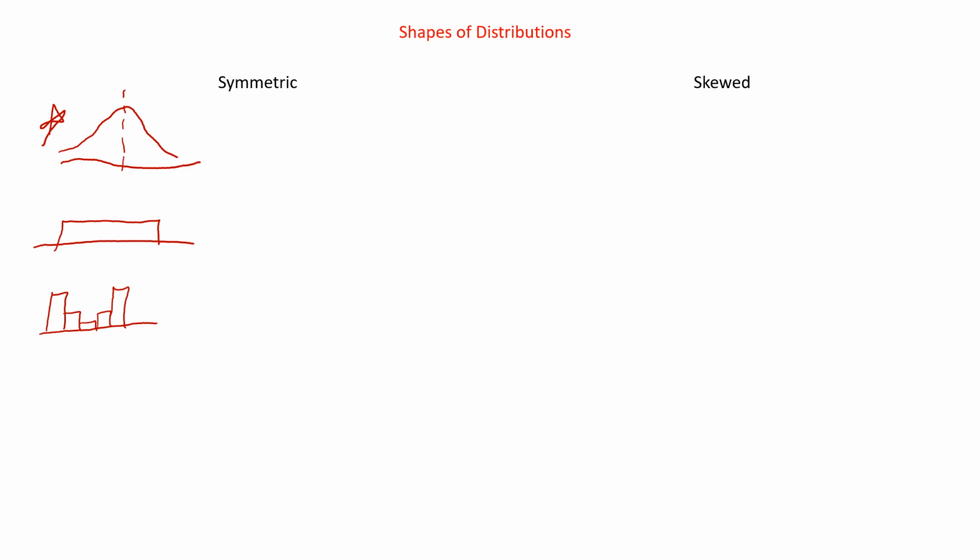When we have skewed data, it's going to have a tail on one side, or it's going to be heavier on the other side. So it's going to look kind of like that, or kind of like that, where we've got these tails over here where it gets stretched out.